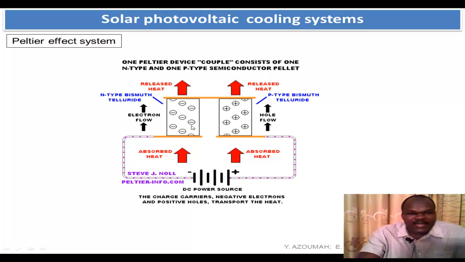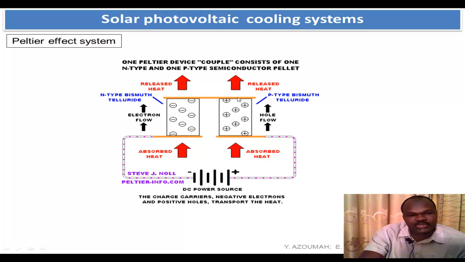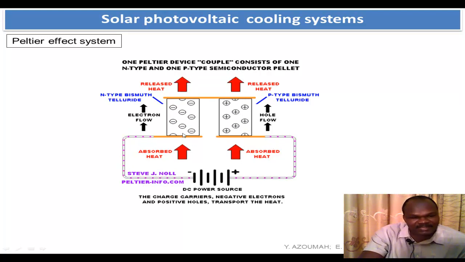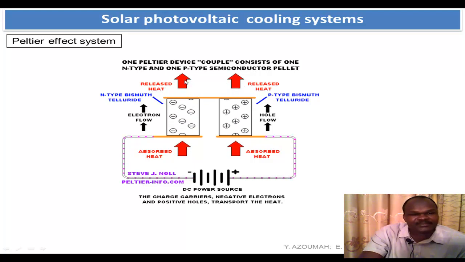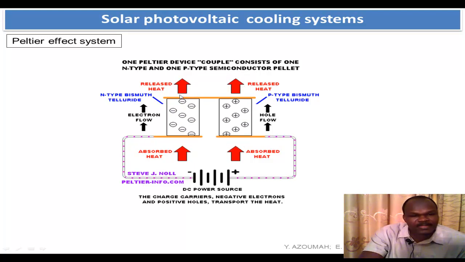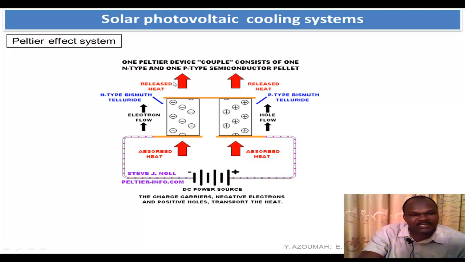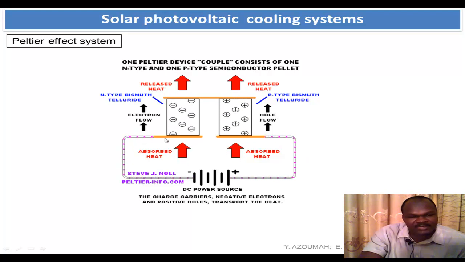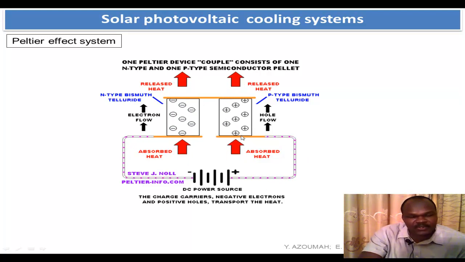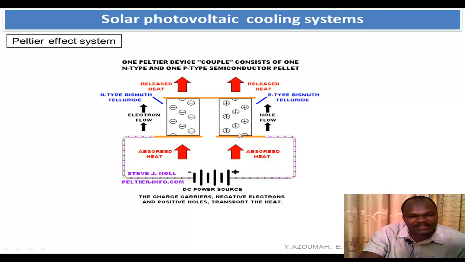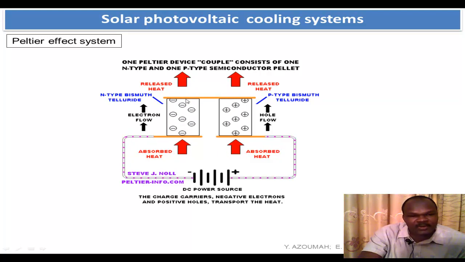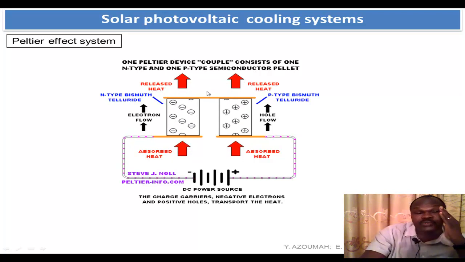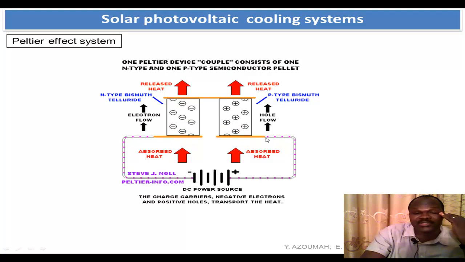And then when the electrons want to go back to their initial state, they have to lose some energy before they go back. They release the energy, and they continue their way. And the cycle continues. Likewise, the holes will absorb the energy and go through the gap, and then they have to release the energy to continue their way back to their initial state.